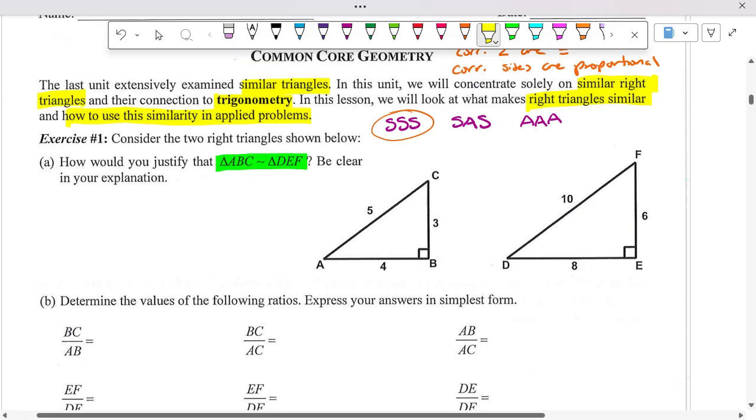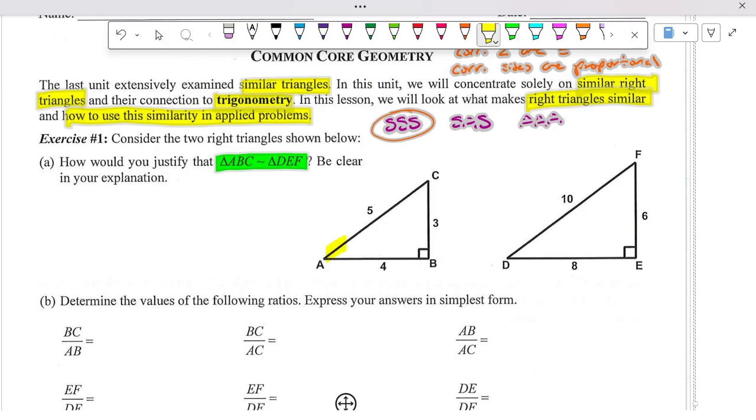So someone name me one set of corresponding sides between the 2 triangles. And remember, corresponding means that they're in the same position. So it's the sides that are in the same position. So for example, what's the corresponding side to AC on the other triangle?